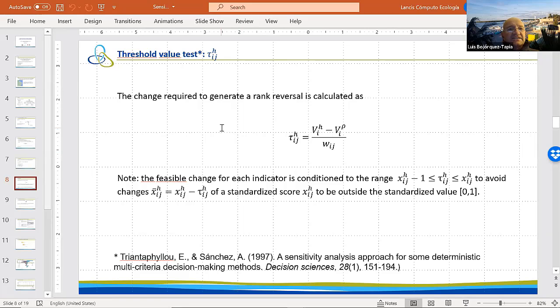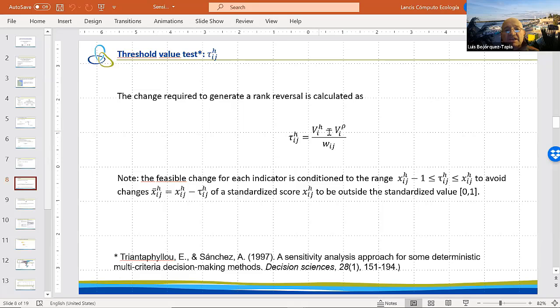The first test, the indicator removal, gives us an idea of the relative importance of the state of each indicator, whereas the second one, the threshold value test from Triantaphyllou, gives us a somewhat similar value, but with respect to the standardized score of each state.